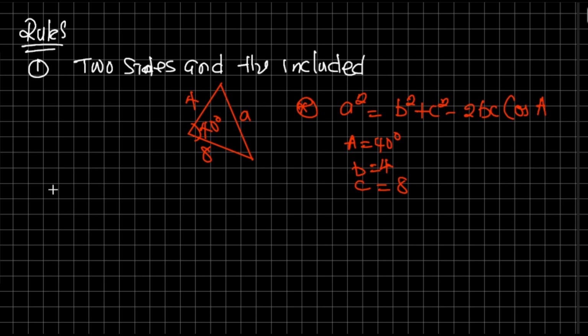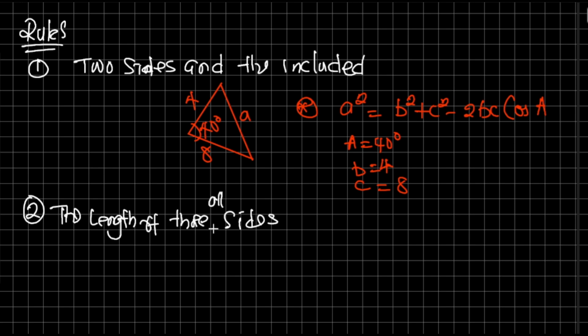Number two, you should use the cosine rule when you have the lengths of all three sides.